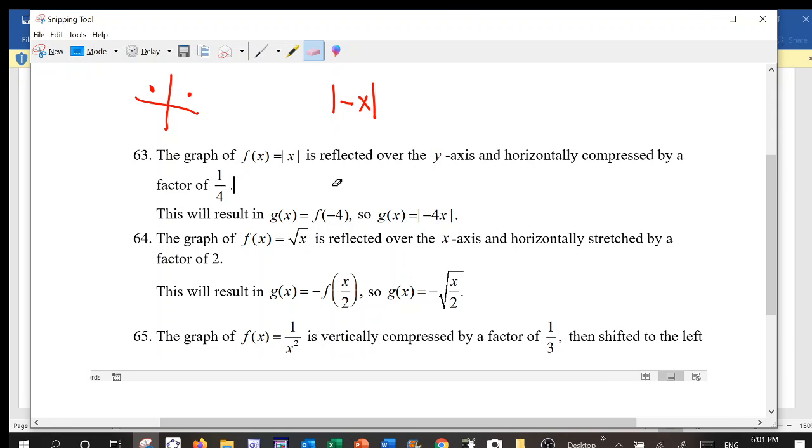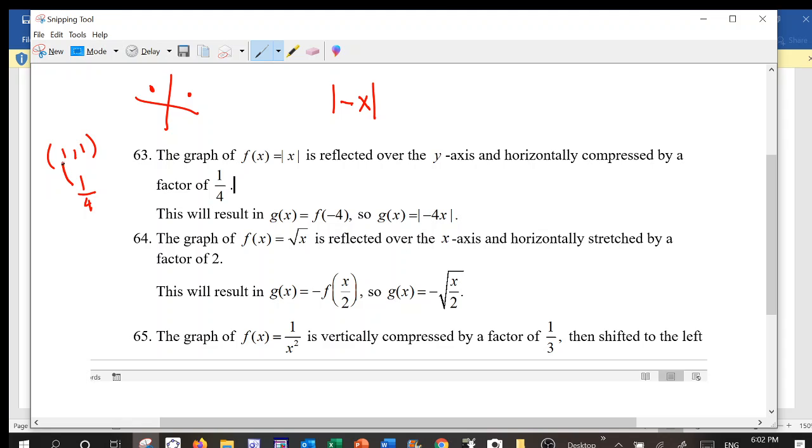Now, horizontally compress by a factor of 1/4. So what does that mean? That means we want to divide the x coordinates by 4. We want to multiply them by 1/4. Factor means you multiply. So if you multiply the x coordinates by, let's say we have an x coordinate here, 1, 1.